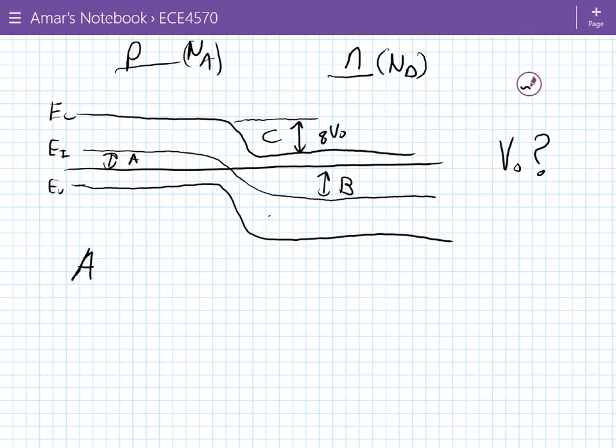So this distance A, how can we find that distance A? It is EI minus EF on the P side of the junction. Let's give this a subscript P. What is the formula for that?